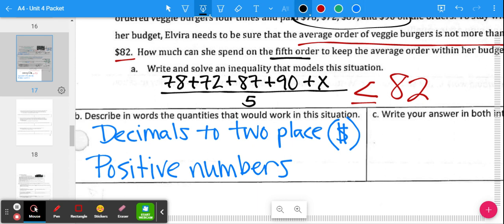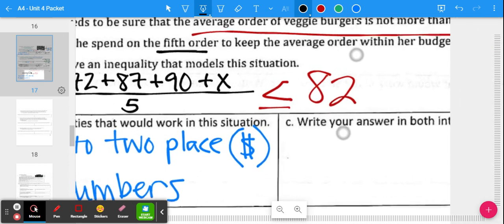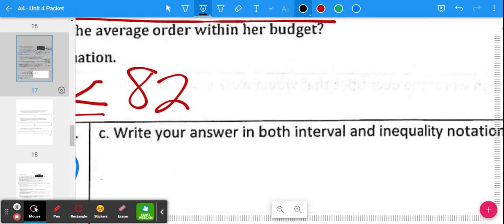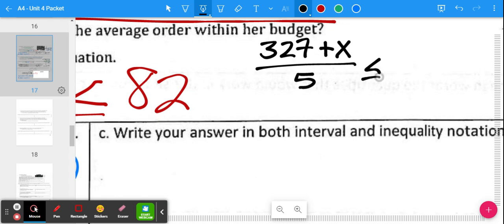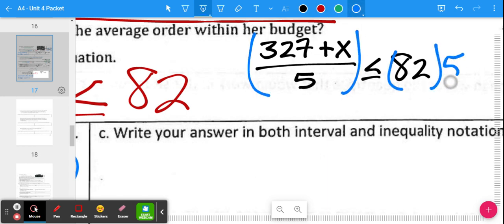So the first thing I want to do is combine like terms. So 78 plus 72 plus 87 plus 90 is going to give me 327, and then plus that fifth order x divided by 5 is less than or equal to 82. So our first step is to multiply both sides by 5 to get that number off the denominator.